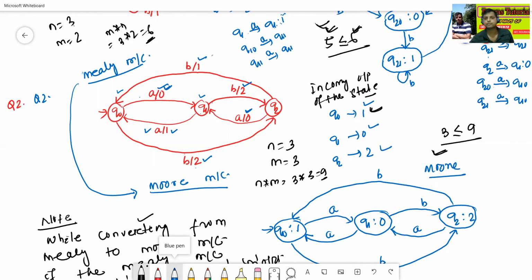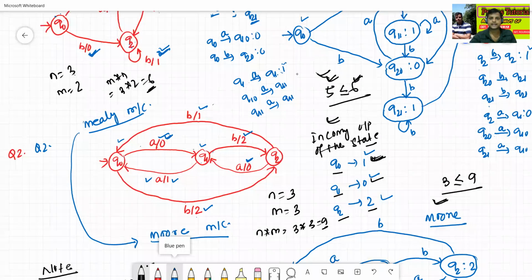Here, incoming output of the state means for Q0 it is 1, for Q1 it is 0, for Q2 it is 2. In this case, the number of states in Mealy and Moore machine is always equal.